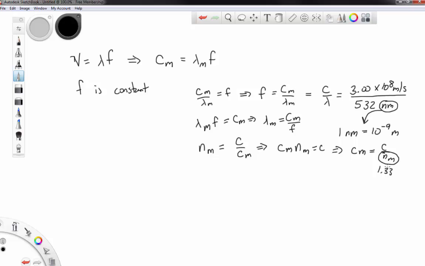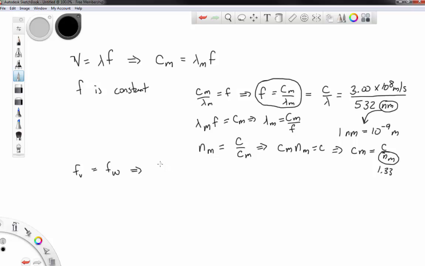Another way of doing it is to come back up here and notice this equation right here that we have. That frequency is the speed of light in a medium divided by the wavelength in a medium, and we have that frequency is invariant. That means that frequency in vacuum is equal to frequency in water, and so if the left-hand side of an equation is equal to the left-hand side of another equation, then the right-hand side of those two equations should also be equal.